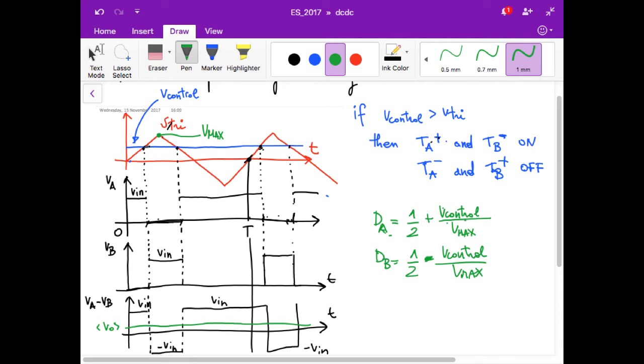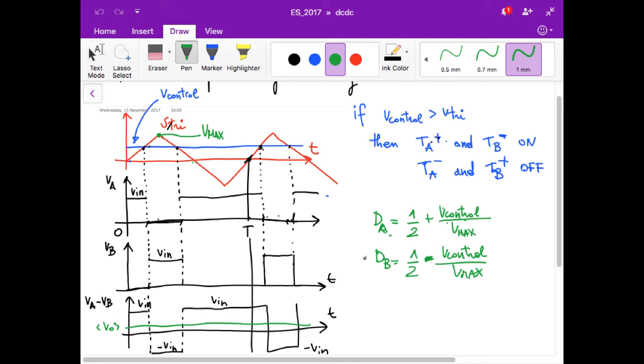You can see that, for example, if V control is equal to 0, then the duty cycle has to be 1/2 for both A and B, right? And of course this is true. And on the other hand, if V control is equal to V max, then the duty cycle of A is always 1, because the condition here is always true. So if we move V control to V max, we increase the A and we decrease the B, which is what we have shown here.